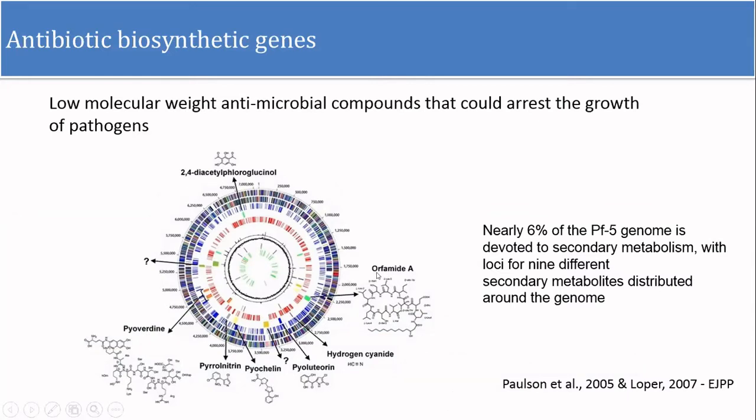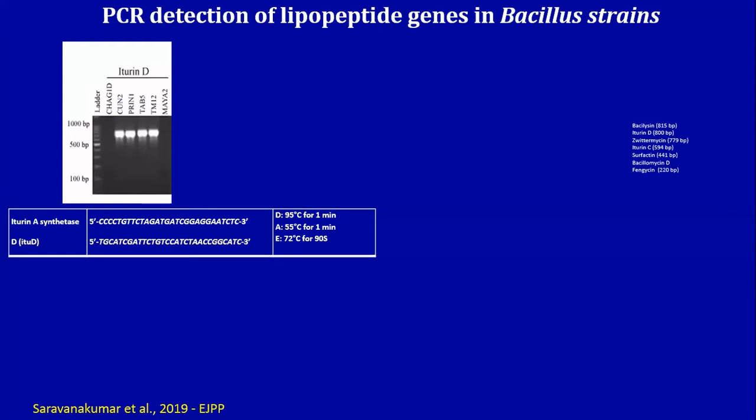Here you see pyoluteorin, pyochelin, pyrrolnitrin, hydrogen cyanide and others. These antibiotic clustering genes contribute about 6% of the whole genome. So this could be a very good candidate gene for screening bacteria if you are working on plant growth promoting microorganisms from the perspective of a disease control agent.